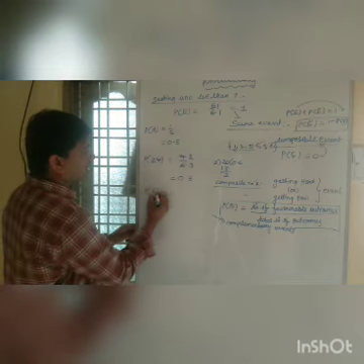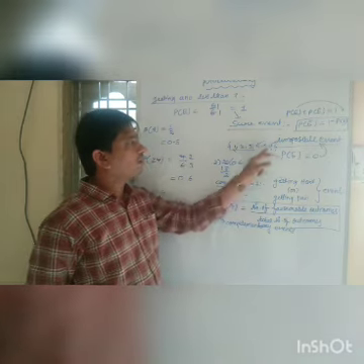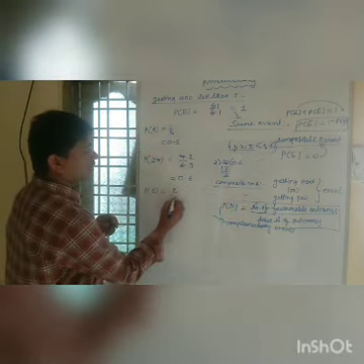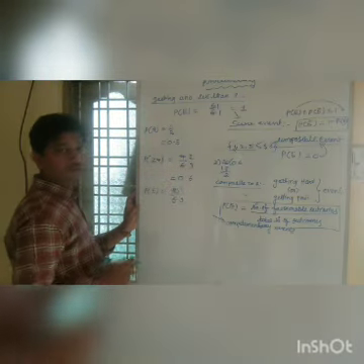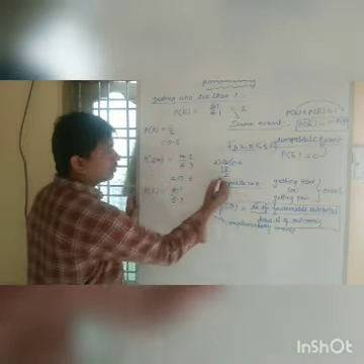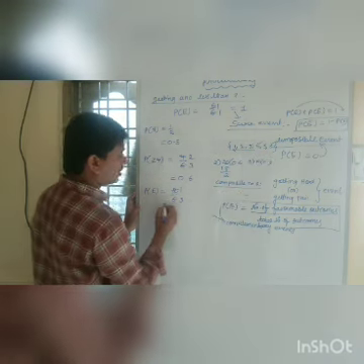Our event is getting a composite number. Number of favorable outcomes is 2. Total number of outcomes is 6. 2 ones are 2, 2 threes are 6. So 1 by 3. 1 divided by 3, you will get 0.3 something.